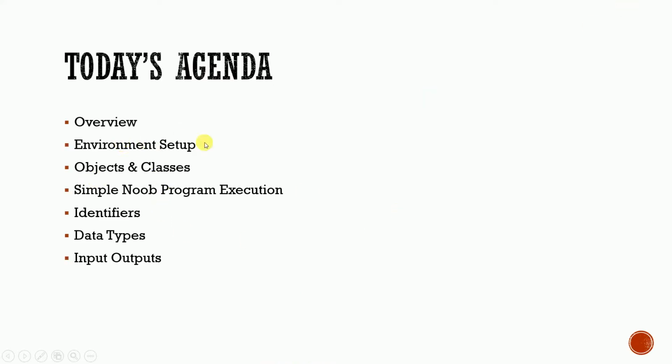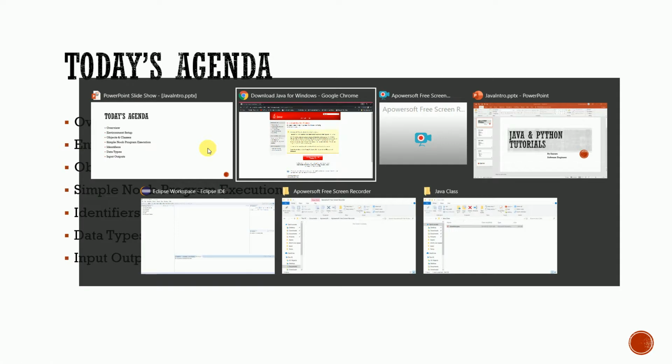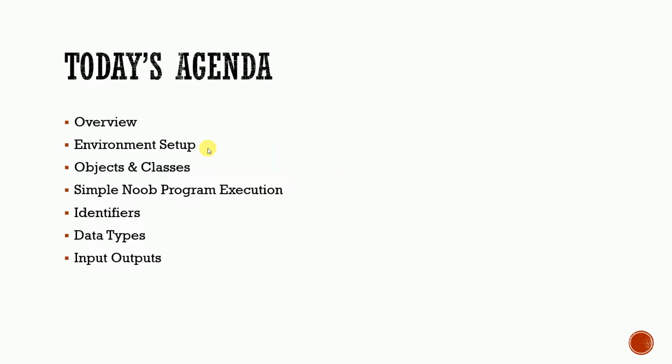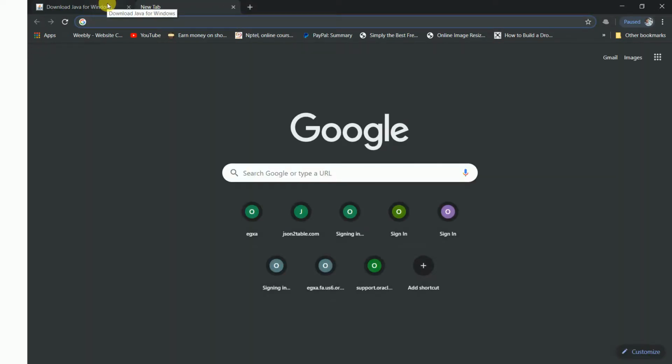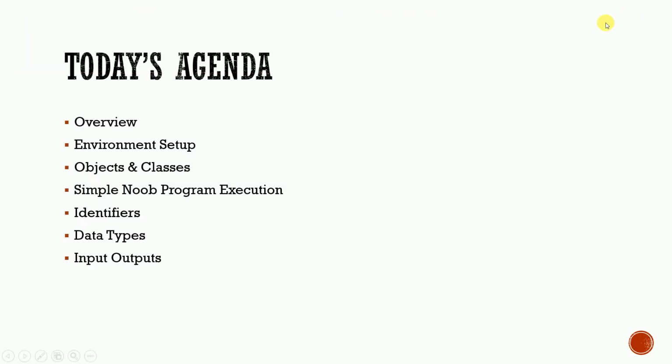Once we are done with Java, we'll use an IDE for this. What is an IDE? An IDE is an integrated development environment that comes with APIs that will reduce our work.